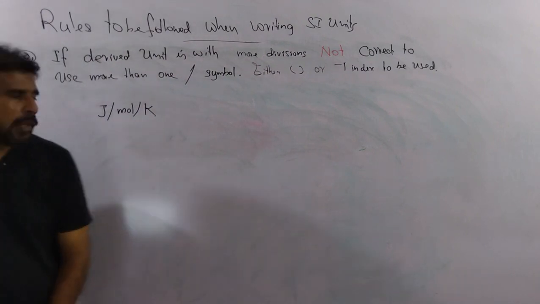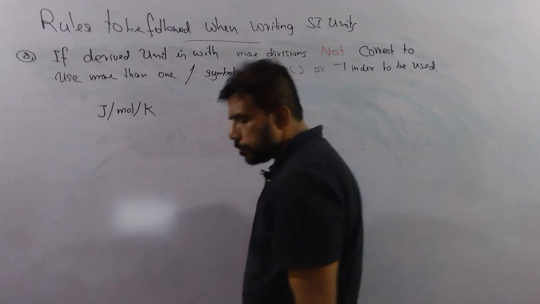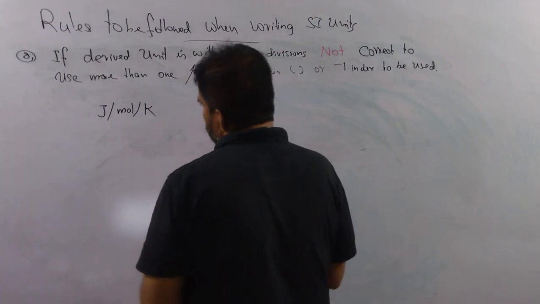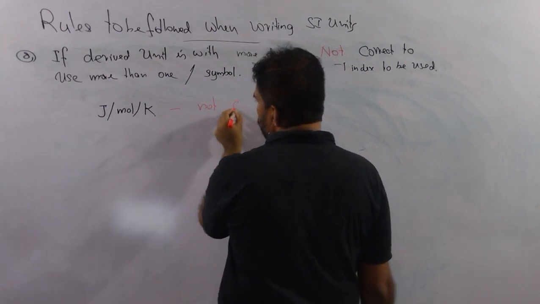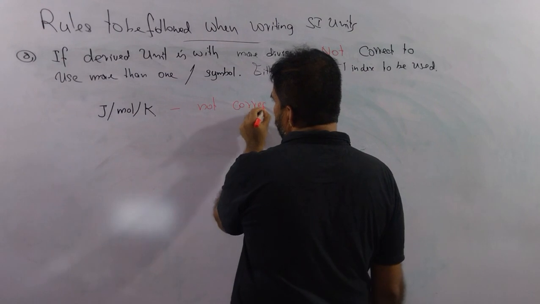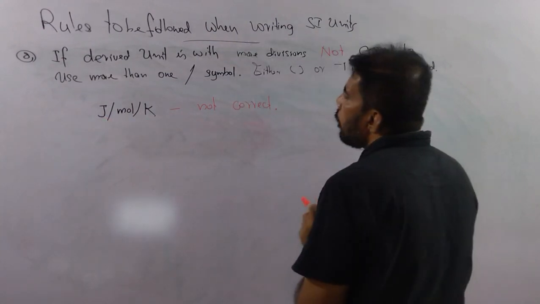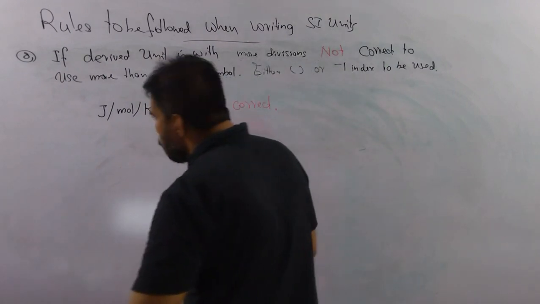Joules per mole per Kelvin or joules per Kelvin per mole. Both are correct. This is wrong, not correct. We cannot use more than one slash. So either we have to write it in this way.